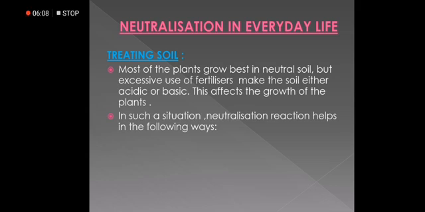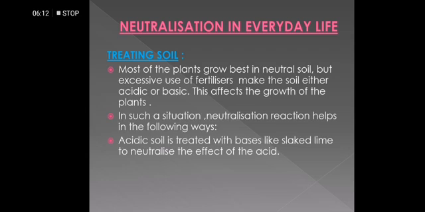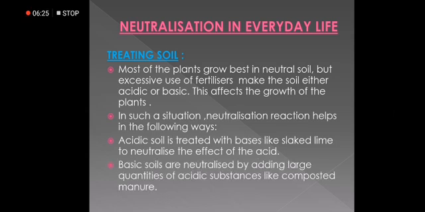So, here comes the role of neutralization. If the soil is more acidic, it is treated with bases like slaked lime, and thus the effect of excess acid is neutralized. If the soil is more basic, it is neutralized by adding substances like composted manure.